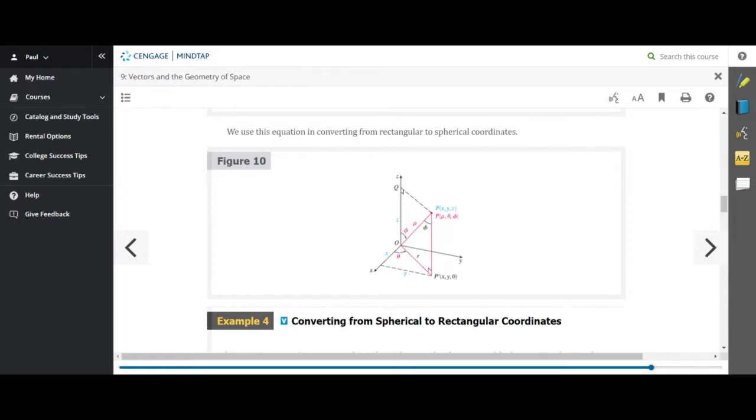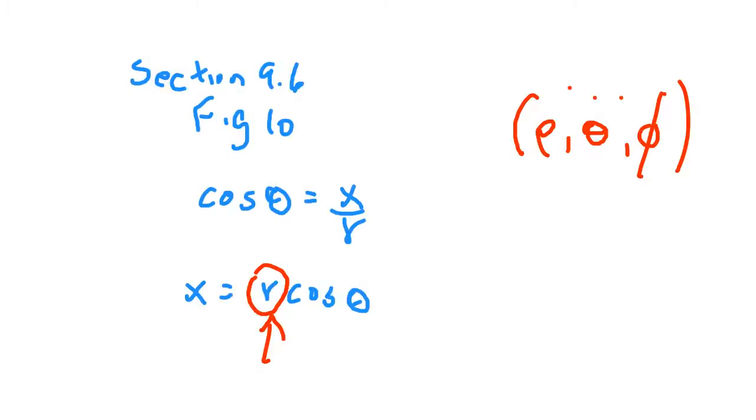So if we go back to the whiteboard, the sine of phi is equal to r over rho.